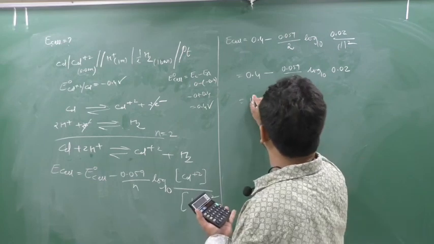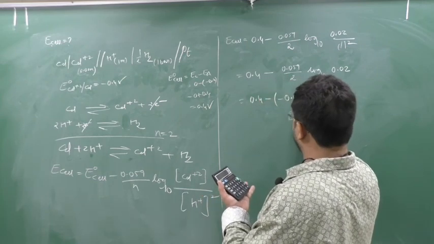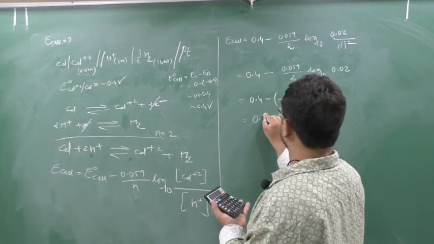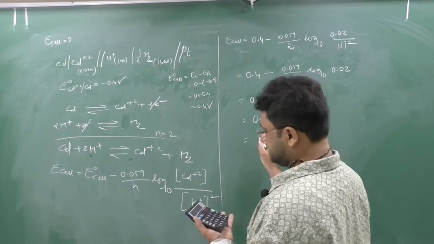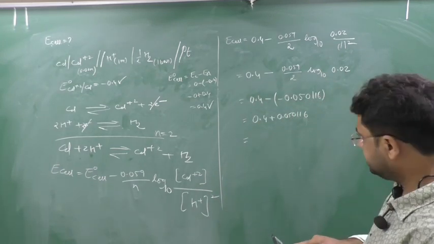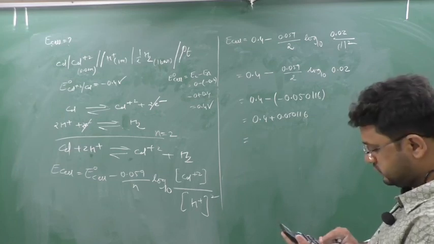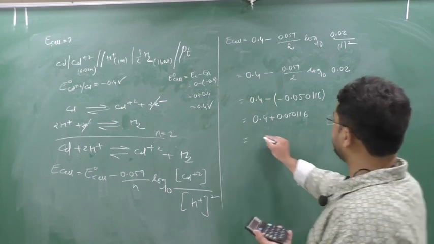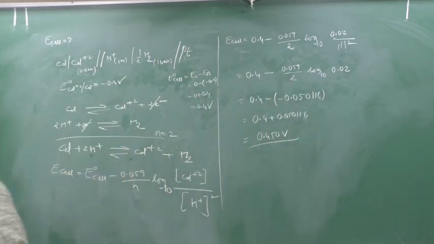The answer is 0.4 minus, here the answer will come minus 0.050116, okay, minus minus plus, no? So 0.4 plus 0.050116, 0.450 volt. 0.450 volt will be your answer.